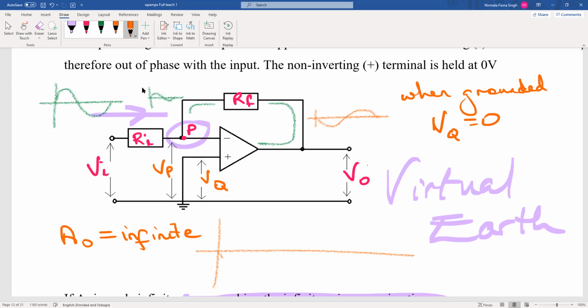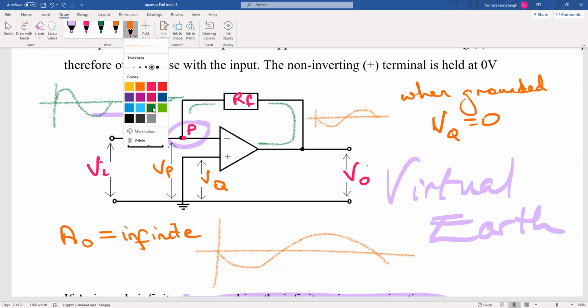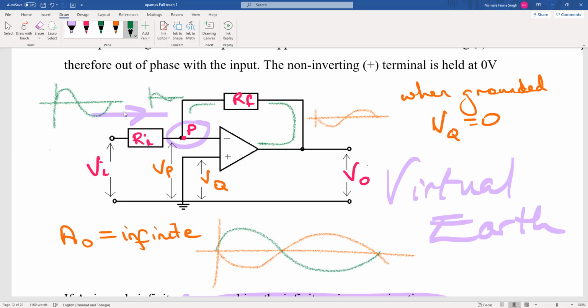So I'm going to have my inverted input coming in, and then I'm going to have my regular input here. Now, because the regular input is slightly larger than my inverted input that has been fed back, this is our feedback, right?